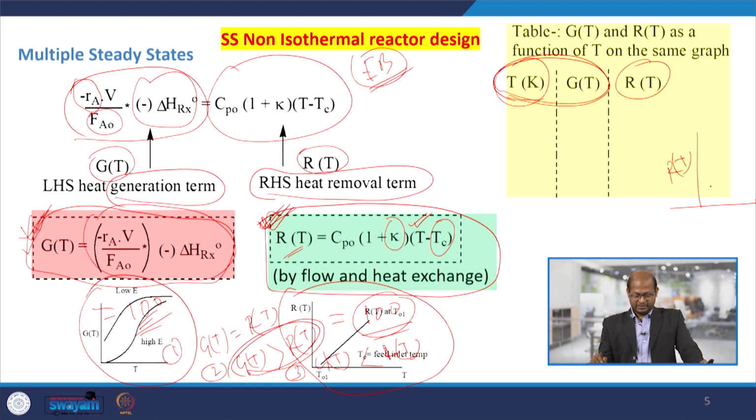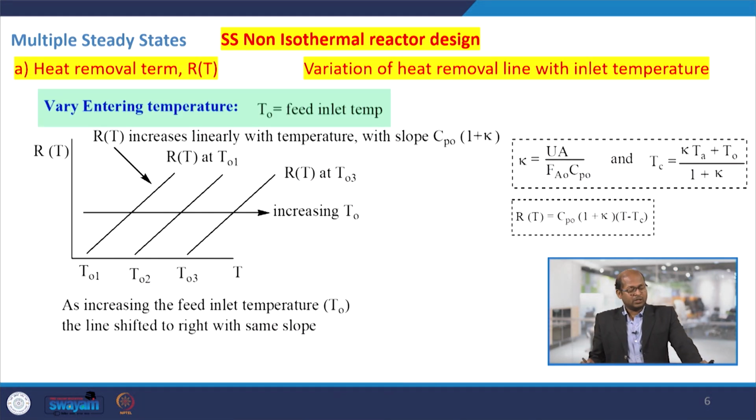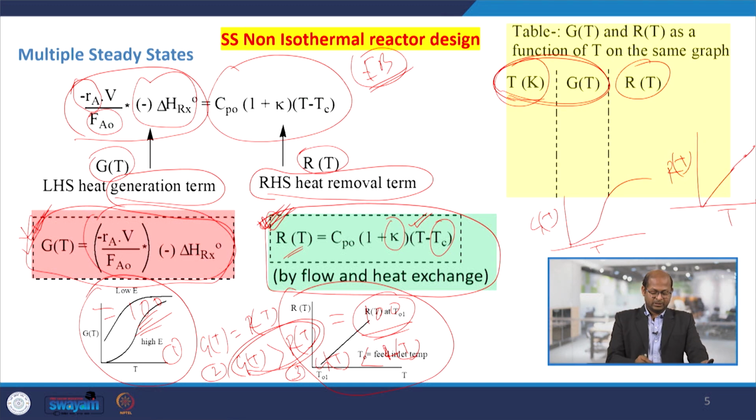So, R(T) against T, the line would be like this. This is the R(T) line, and if we plot G(T) against temperature, it would be like this. So, now we have two components, heat removal and heat generation. Now we will consider the individual components and discuss them.